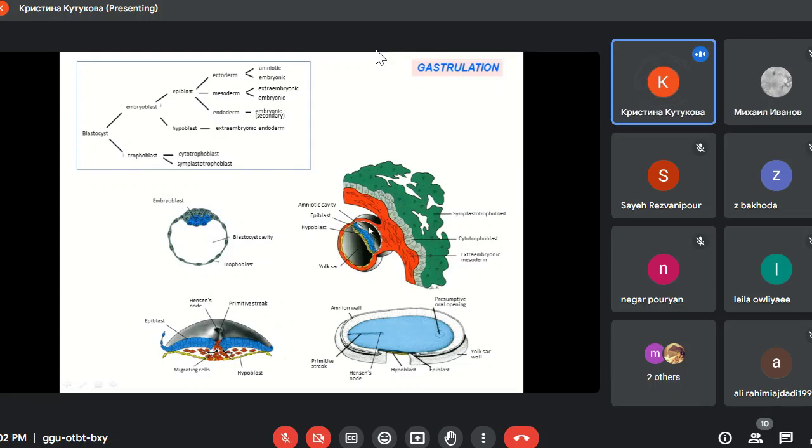No intra-embryonic mesoderm is seen here yet, because the migration process didn't start yet in this picture. It starts here. And now here we will have the intra-embryonic or just embryonic mesoderm. Hypoblast will give extra-embryonic endoderm, which is the wall of the yolk sac, these yellow cells in the wall of the yolk sac.